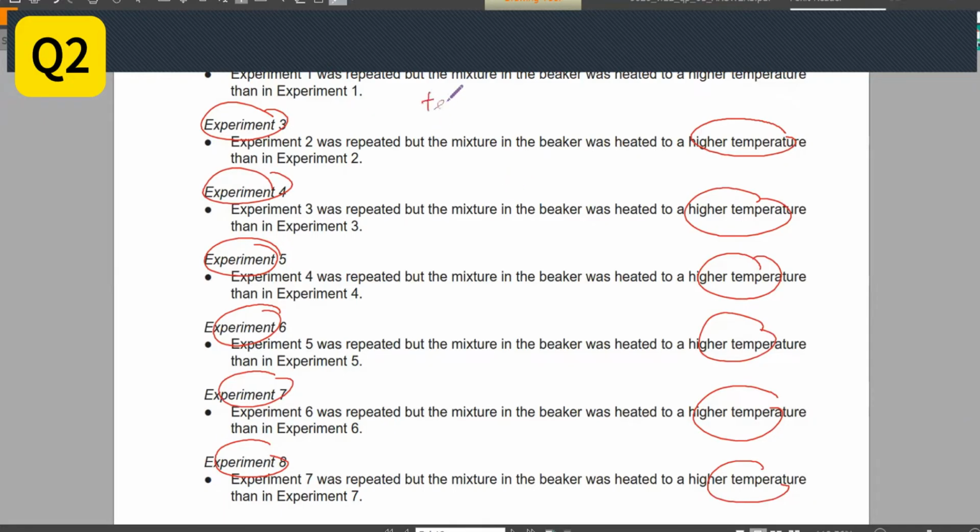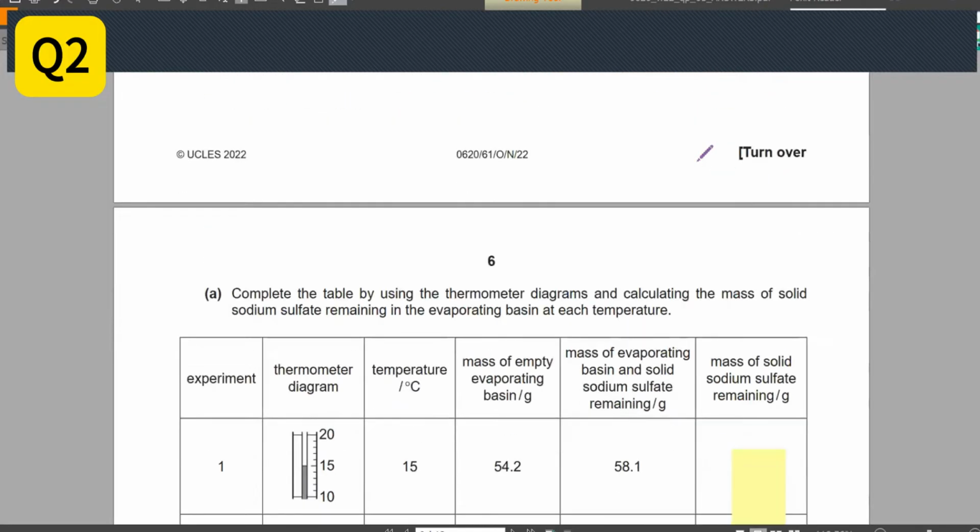So we know the temperature will be the independent variable in this case, and the amount dissolved, how much of the sodium sulfate dissolved, will be the dependent variable. And we know that in general, when temperature increases, the solubility will also increase. So in this experiment, we will confirm that.